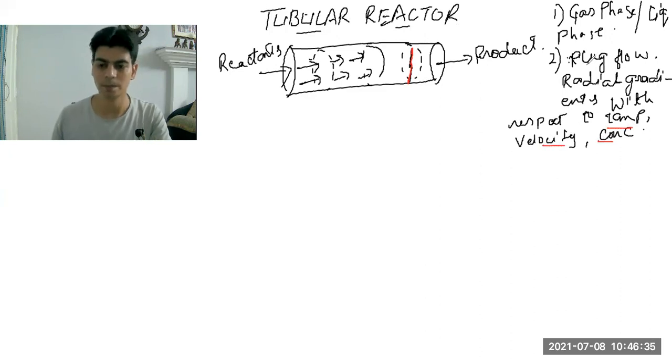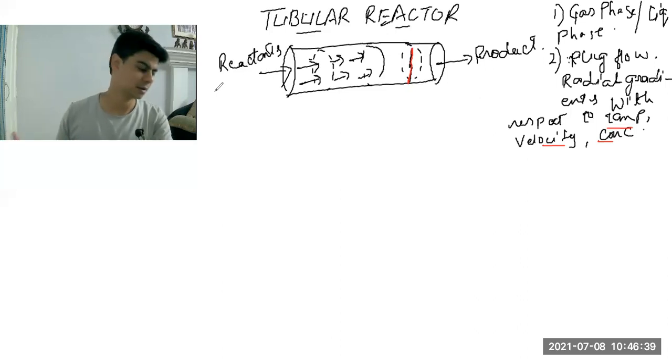This is what we assume, and as we progress in chemical reaction engineering, we will look into different scenarios when there would be radial gradients. We'll do that in future lectures and chapters.